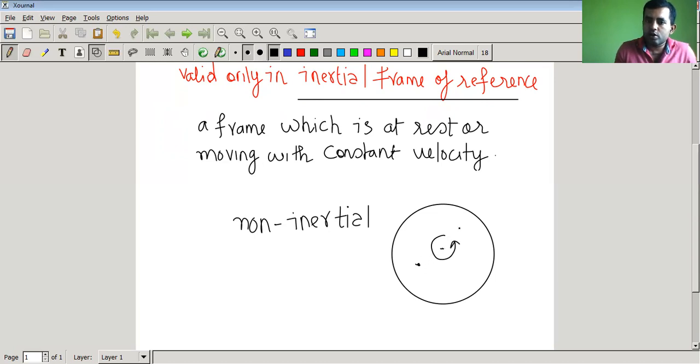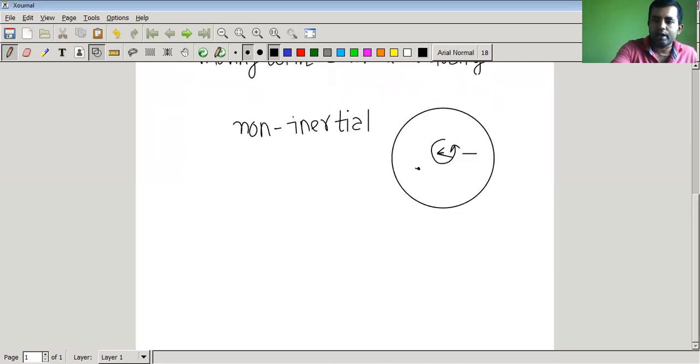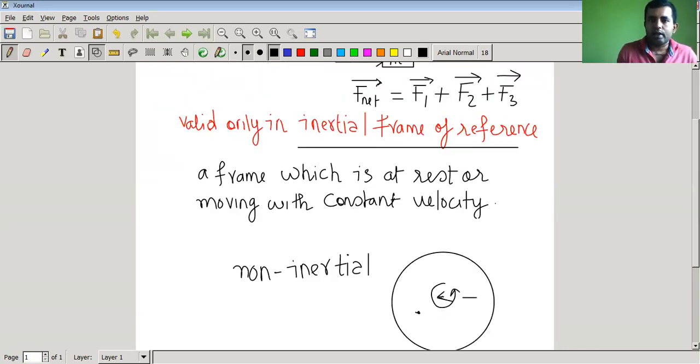No, because if anything goes in uniform circular motion, it will have acceleration pointing towards the center, right? So that is a non-inertial frame of reference. A non-inertial frame of reference will be anything which is revolving in a circular motion or speeding up, slowing down.